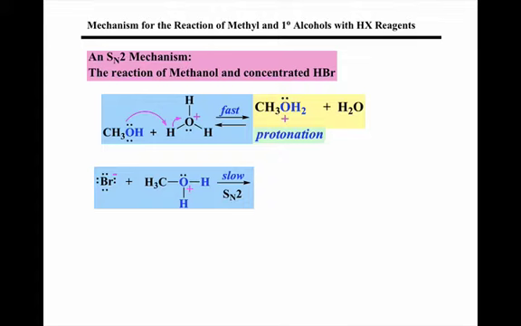We'll draw that. And at the same time. At the same time, very good. The bromide ion goes from the back side to that part. That's right. And so we end up with those arrows like that, right? That's an SN2 reaction. We end up with bromomethane and water.